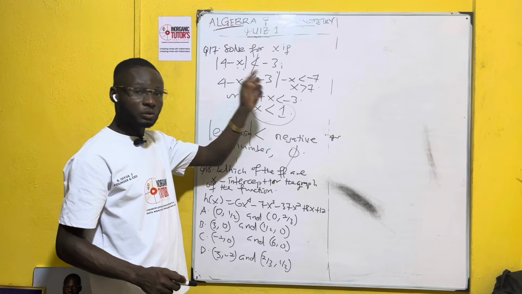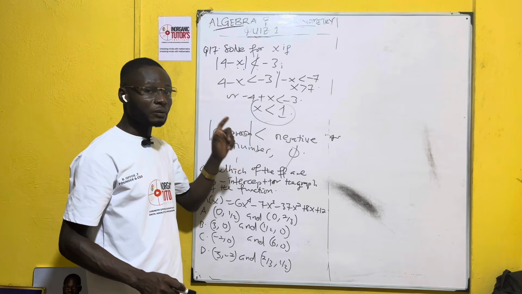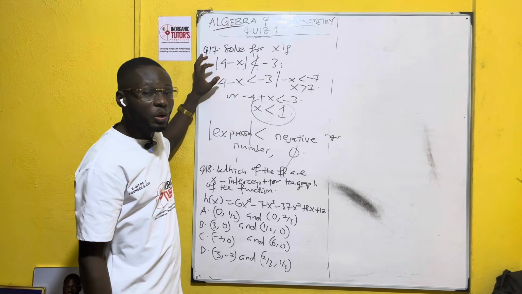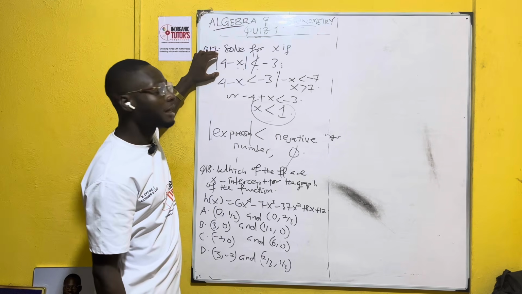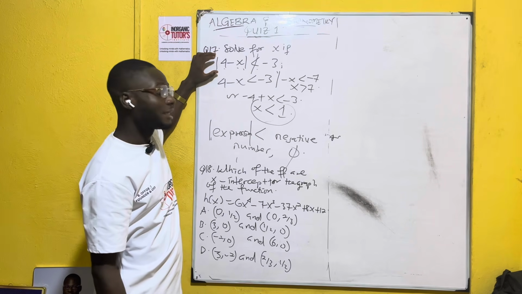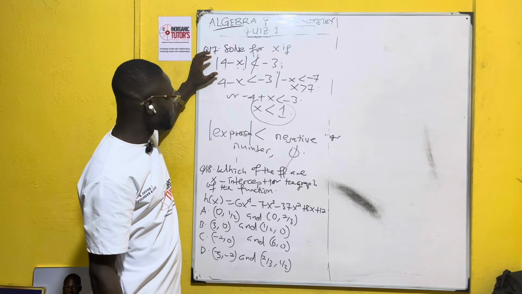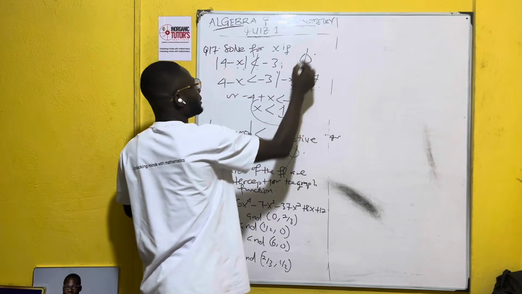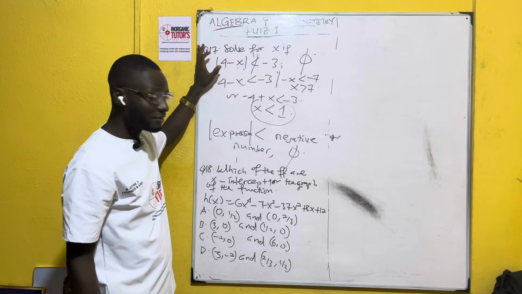It can be equal to 0 or greater than 0, right? Remember, an absolute value does not tolerate a negative value, right? So if you have an absolute value of -3, that means that it is going to be +3, right? So that is it for this particular problem. The answer is an empty set. So that is it for question number 17.